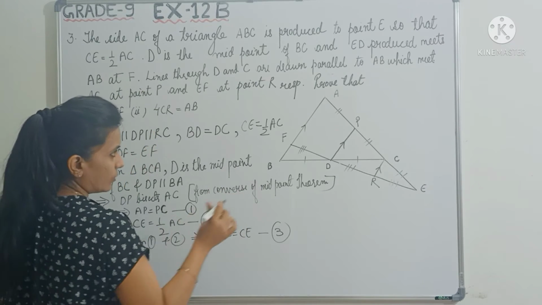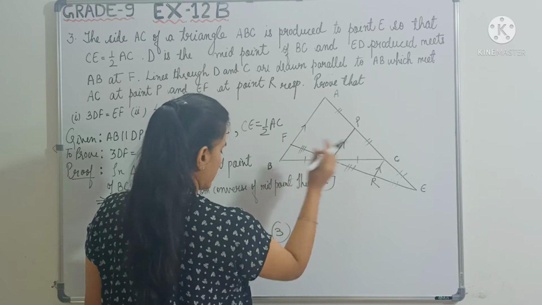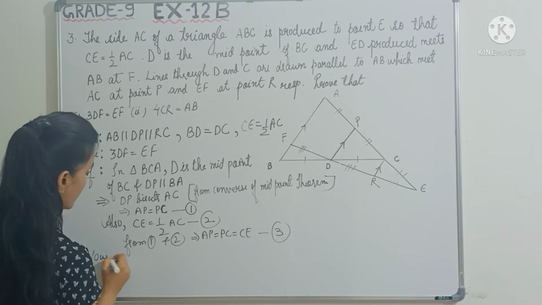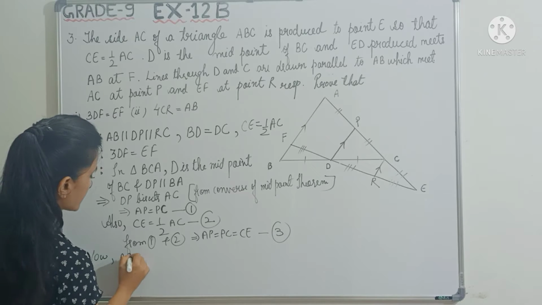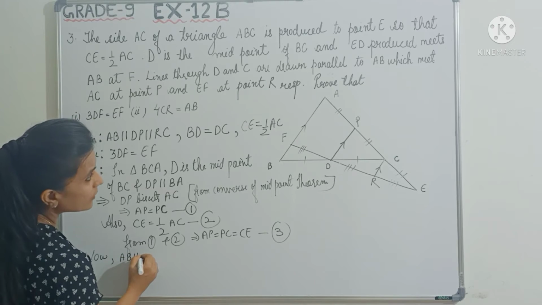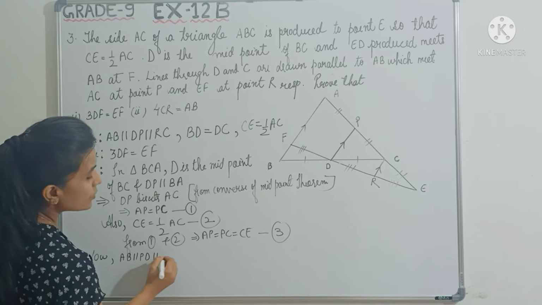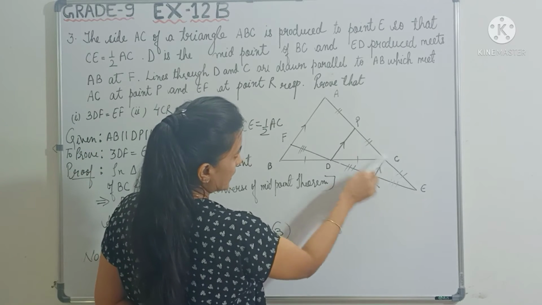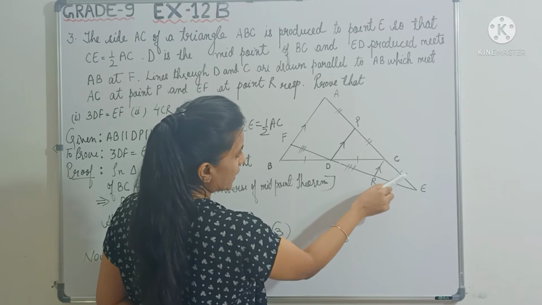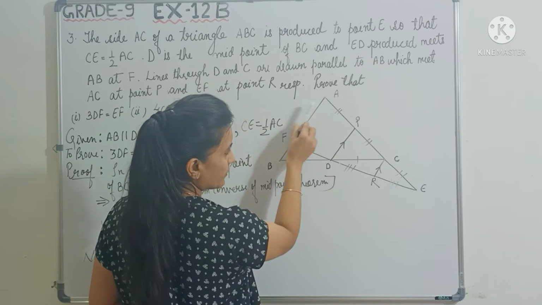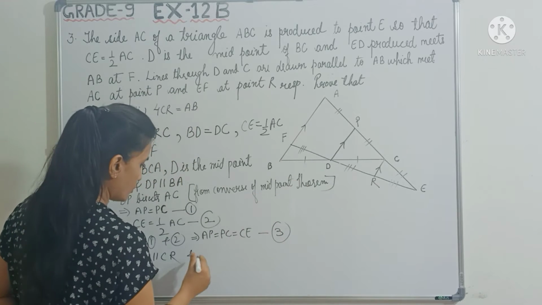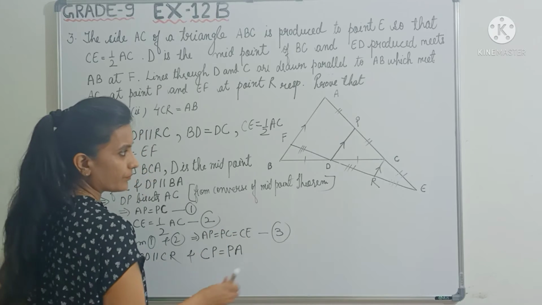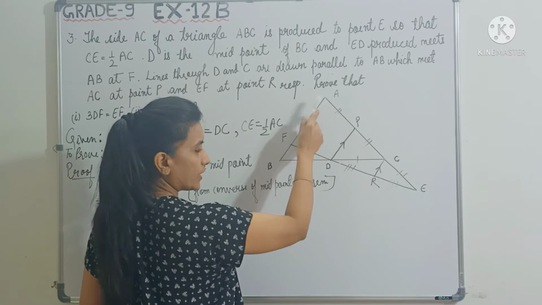Now you can write down that we have 3 parallel lines. So you write down AB is parallel to PD is parallel to CR, right? These 3 lines are parallel and EA is making equal intercepts on these 3 parallel lines, right? So CP is equal to PA.